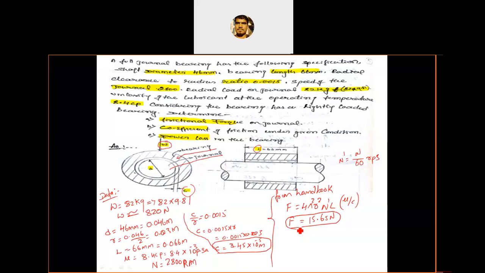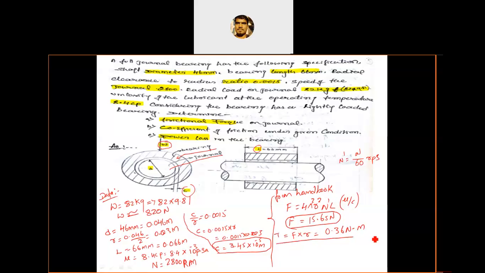So for the frictional torque, that is F into R. We already have the frictional force, 15.65 Newton, and we already have R. By multiplying, we got 0.36 Newton meter.